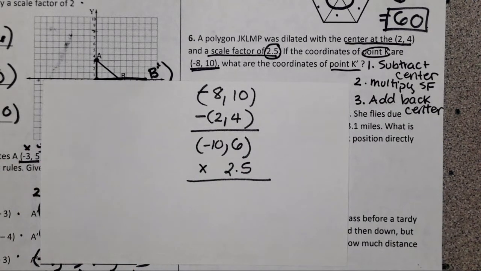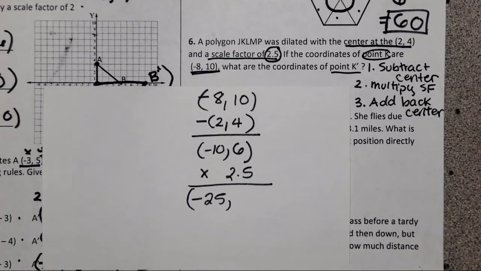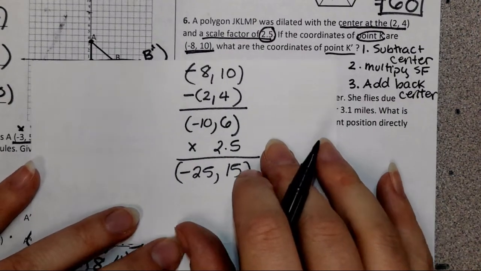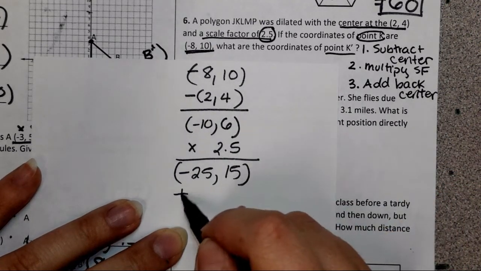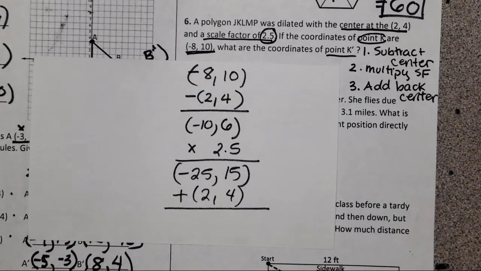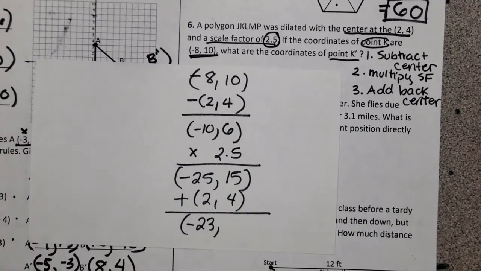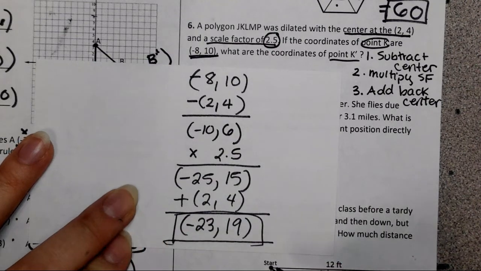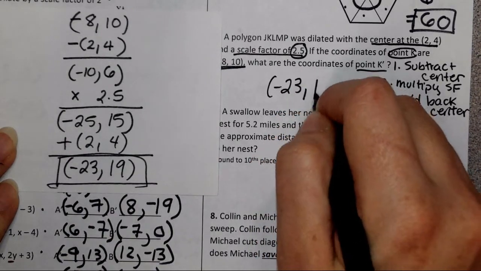Negative 10 times 2.5 gives us negative 25, and 6 times 2.5 gives us 15. Last, we add back the center that we subtracted in the beginning. So I'm going to add back the 2, 4. So negative 25 plus 2 gives us negative 23, and 15 plus 4 gives us 19. So that's our final coordinate: negative 23, 19.